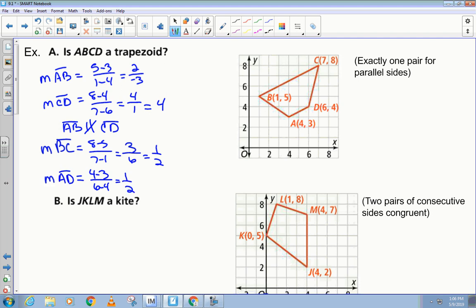So that tells me that BC is parallel to AD. So that tells me that ABCD is a trapezoid. And this is justifying it.